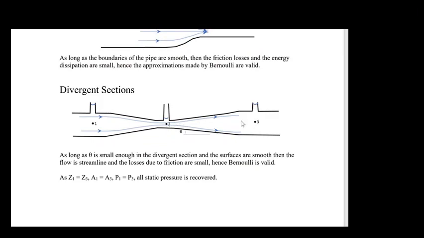So from position 2 to position 3, the pressure increases, and actually that's fully restored. The pressure is fully recovered. So the pressure at position 1, this height of fluid here, would be the same as the pressure at position 3, sorry, the height of the fluid here would be the same as the height of the fluid here, if theta is small enough and we don't have any energy losses associated with turbulent flow and frictional losses and so on.